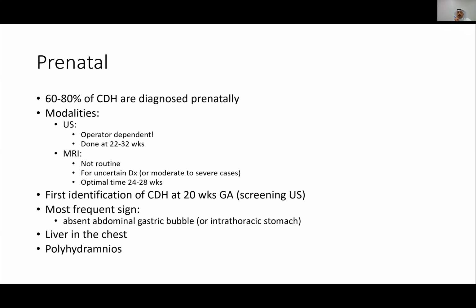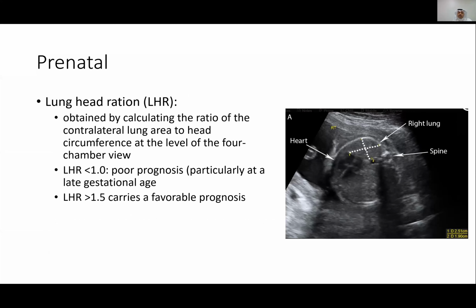The most frequent sign seen on prenatal ultrasound is an absent abdominal gastric bubble or the presence of an intrathoracic stomach. Other things that can be seen are liver in the chest or polyhydramnios. Another risk factor you look for on prenatal ultrasound is the lung to head ratio. So what is the lung to head ratio?